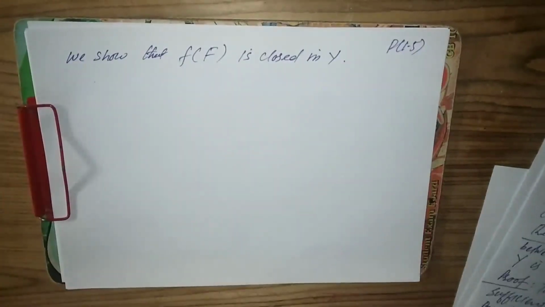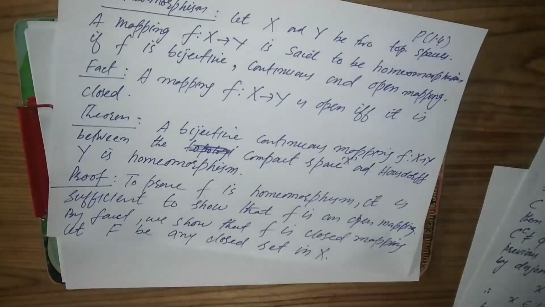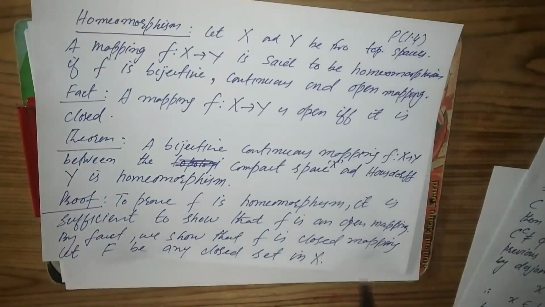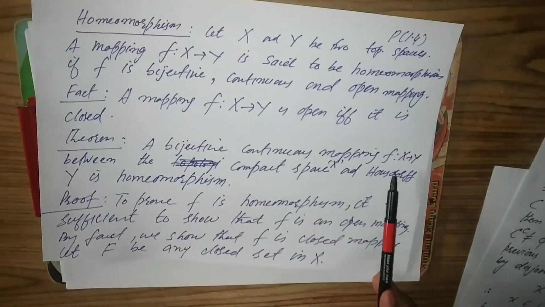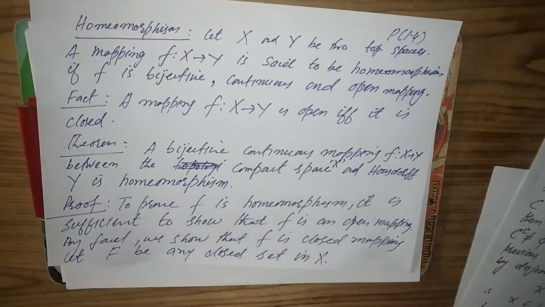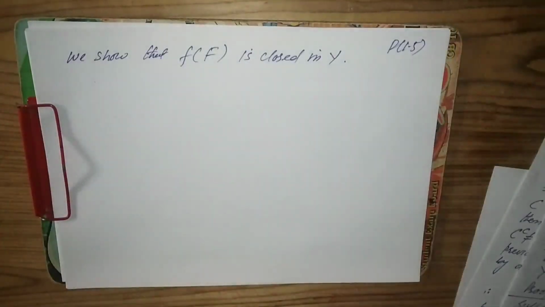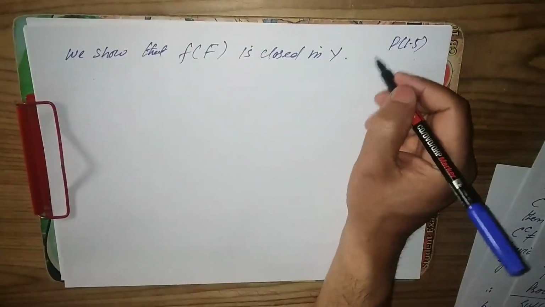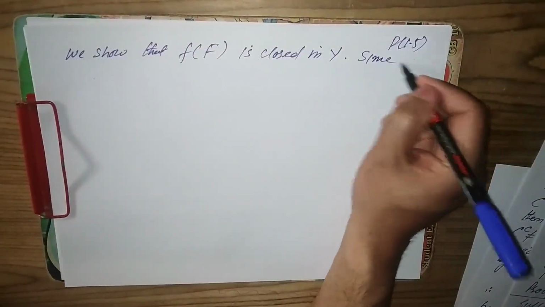Since F is closed in X and X is compact, it's a well-known fact that a closed subset of a compact set is compact. F is a closed subset of X and X is compact. Therefore, F is compact.